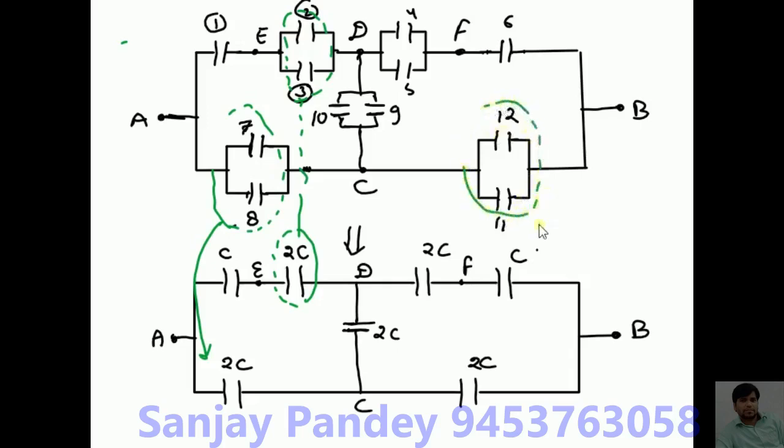And the resultant of 4 and 5 is also 2C, shown here. And the resultant of 9 and 10, which are also in parallel, is 2C. This resultant is shown here.